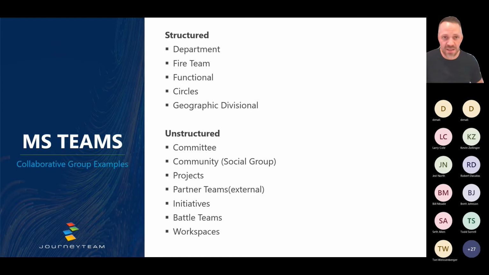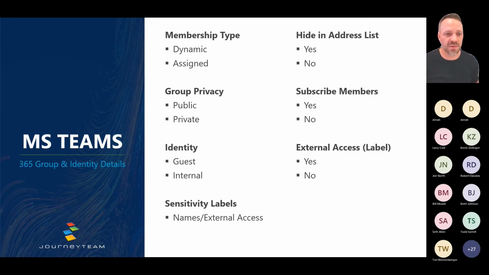Okay, let me give you an example. So let's look through some of these configs. First config option that's available to you guys. And don't worry, I'll have a summary of this on another slide and then we can open it up for questions. First, membership type, dynamic versus assigned. Dynamic 365 groups, you have the ability to auto assign people to a security group based upon properties in Active Directory.